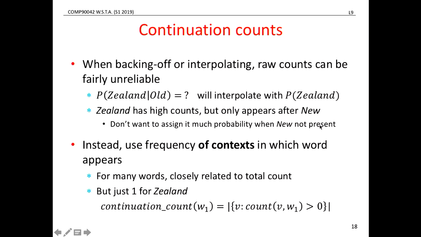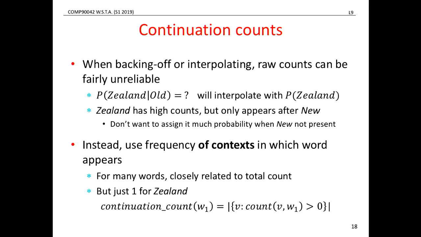Okay, so the last thing that they have is this idea of continuation counts. The idea is that raw counts can be quite unreliable, particularly when you see words that only occur in very specific places. So I've got an example here of Zealand. Zealand is most often used as part of the phrase New Zealand.